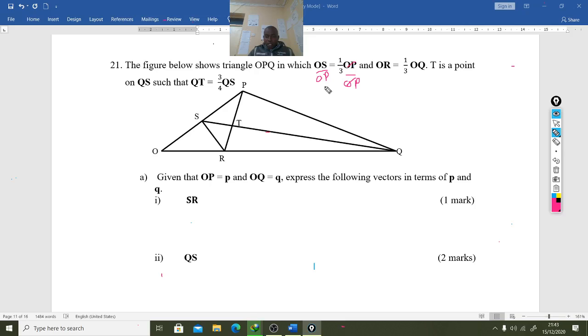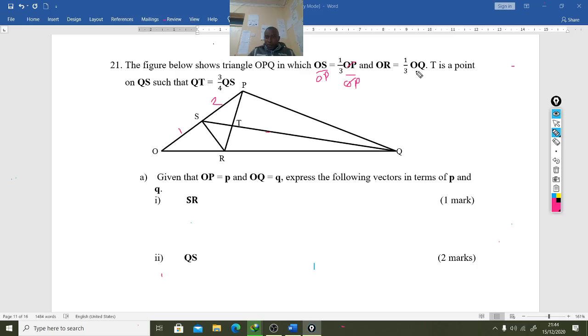That means OS over OP equals a third, meaning OS to OP is 1:3. So OP is 3 and OS is 1. Therefore, OS to SP is 1:2, because the line OP is 3.